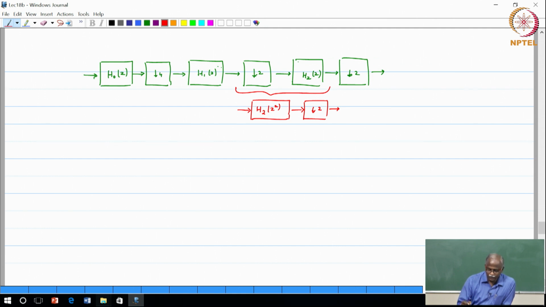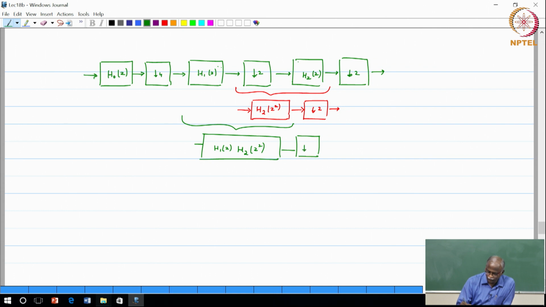You can then combine these two and say there is an effective filter, H1 of z times H2 of z squared, followed by a downsampling factor of 4. So, the latter portion of the structure comes out there.